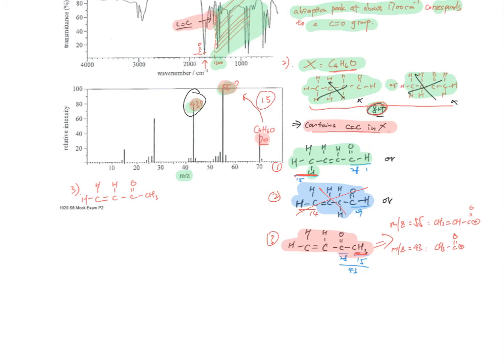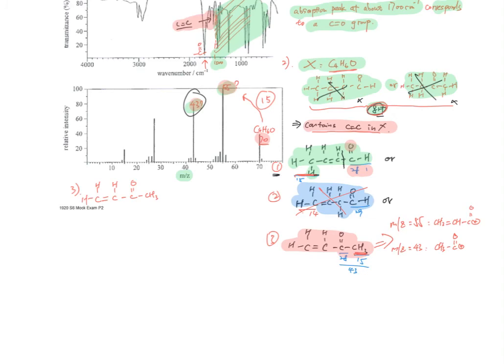So what is the 43 fragment ion at mass-to-charge ratio 43? For structure number 1, it seems very difficult to find 43, because normally the bond will break next to the C=O double bond, the carbonyl bond, because of the very electronegative O. The bond next to the O is very easy to break, so it would contain 29.